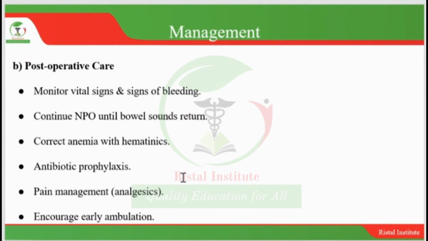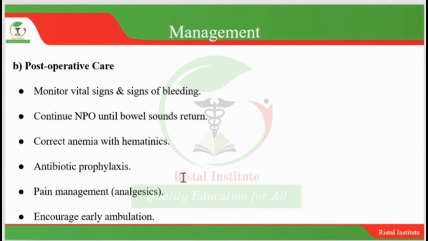Then post-operative care, here we shall look at monitoring vital signs and signs of bleeding. Continue nil per os. The mother should not take anything until the bowel sounds have returned.